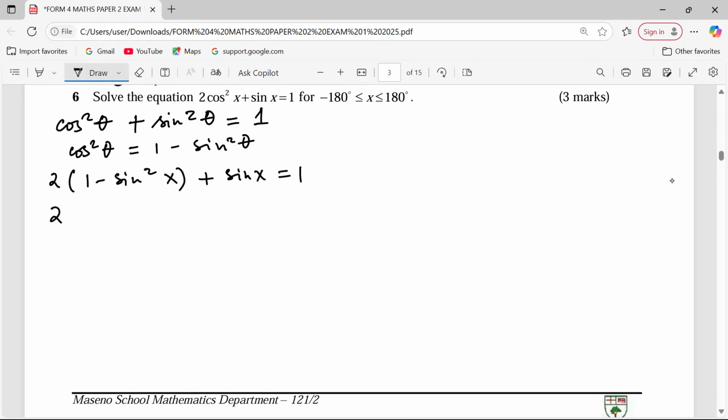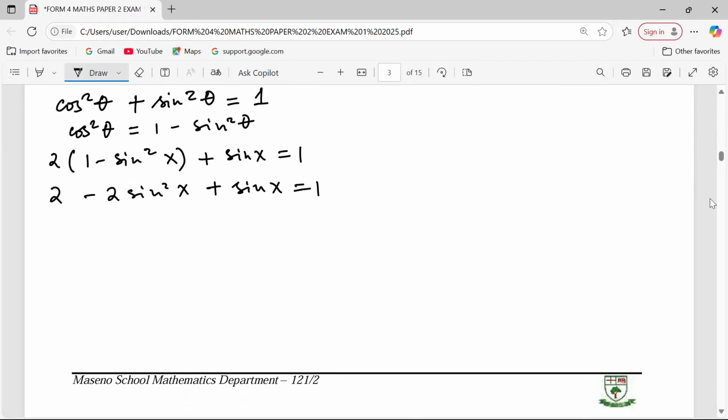2 minus 2 sine squared of x plus the sine of x equals 1. So now we can group some terms here by saying negative 2 sine squared of x plus the sine of x equals negative 1.